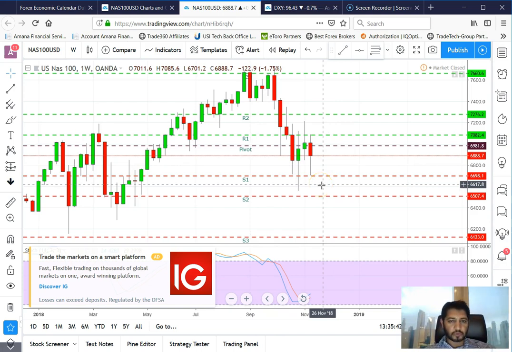As it's below the pivot, I'm kind of confused. As any pair below the pivot, it will try to drop down, as the market share for the US Tech 100 is really weak. That's why we might expect that it will drop. So I would expect you guys to buy at the lowest level and close the position at the highest level.